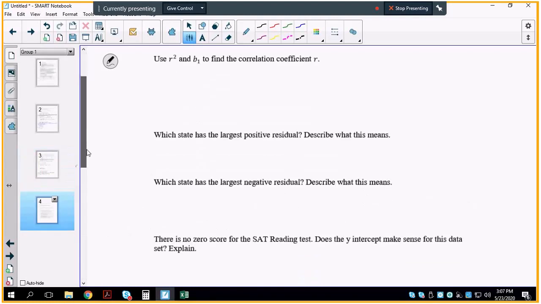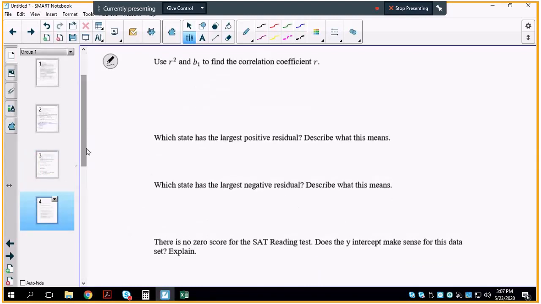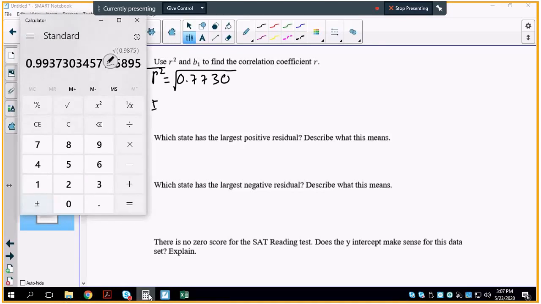It is asking us to use the R square and the B1 to find the correlation coefficient R. The same thing, you know R square is 0.7730. Take the square roots on both sides, we'll get positive and negative values. If I take the square root of 0.7730, that is going to be 0.8792.